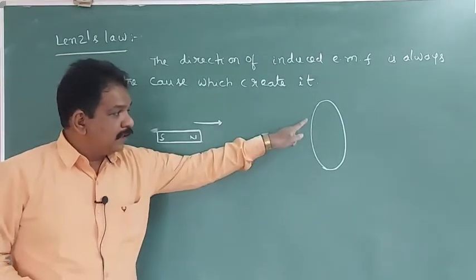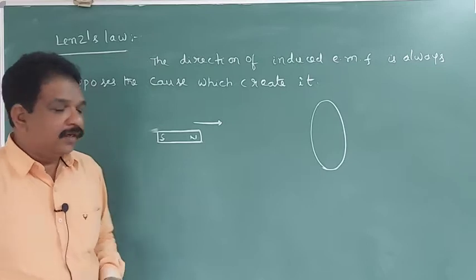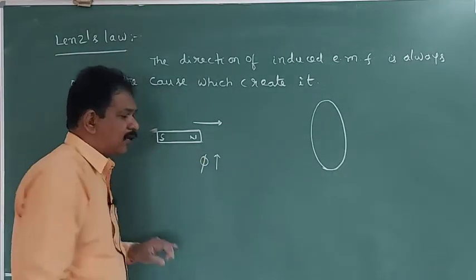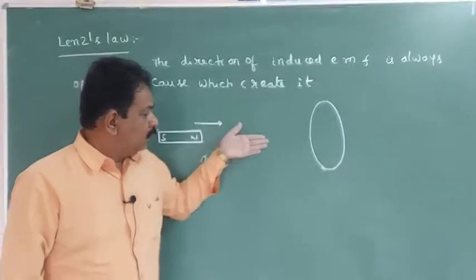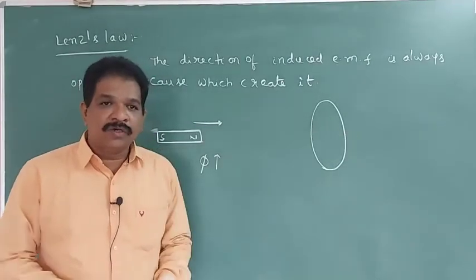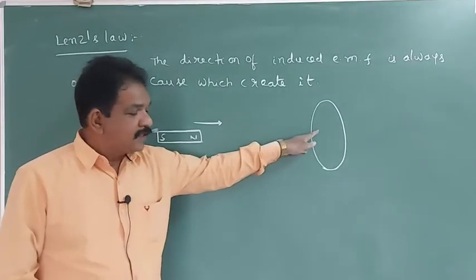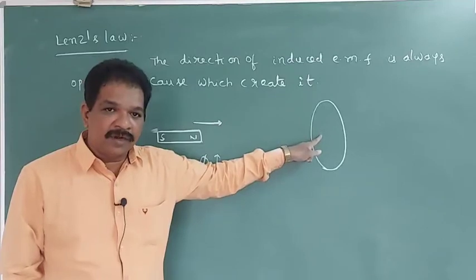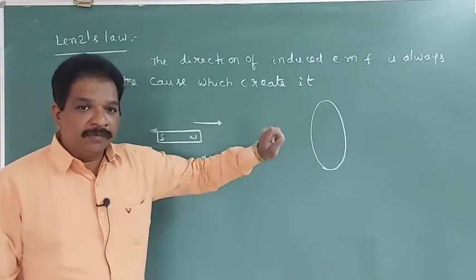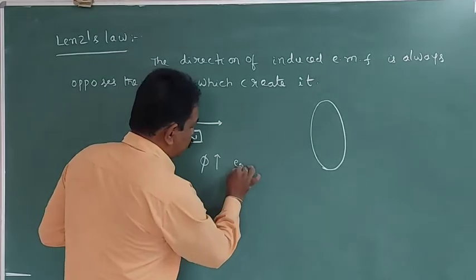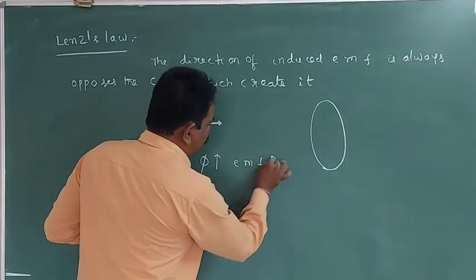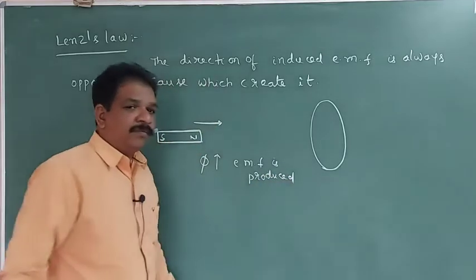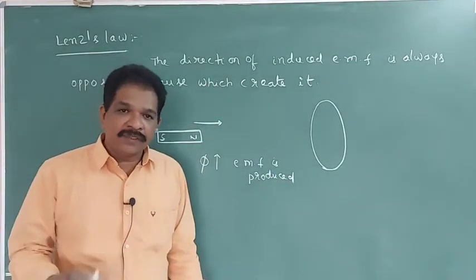Flux associated with the coil will increase when we are moving the magnet towards the coil. Whether flux increases or decreases, EMF will be produced. This EMF will send the current in which direction?